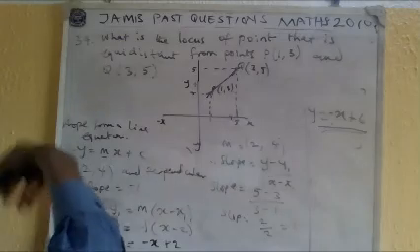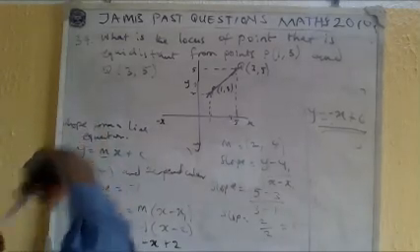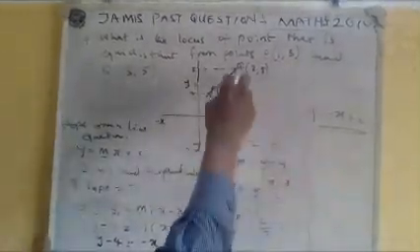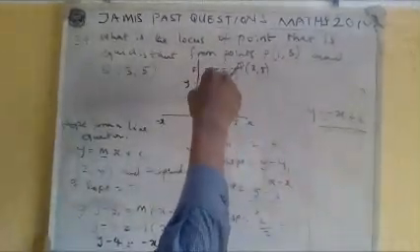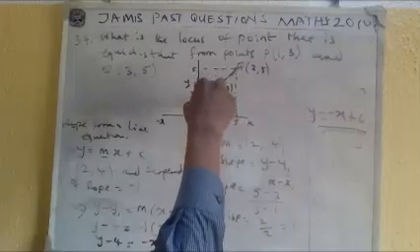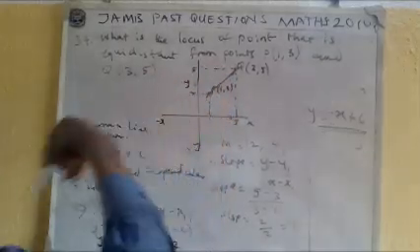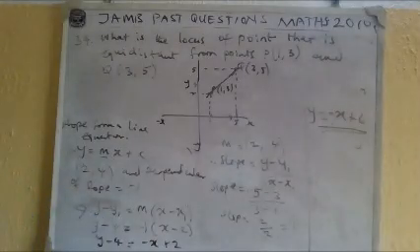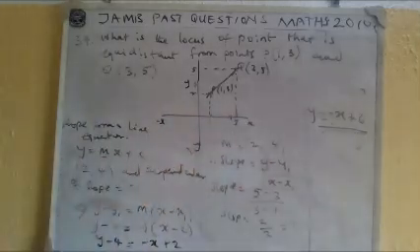In physics, slope is the change in the y-axis in ratio to the change in the x-axis. That's what slope is. All right, so this equation satisfies that answer.